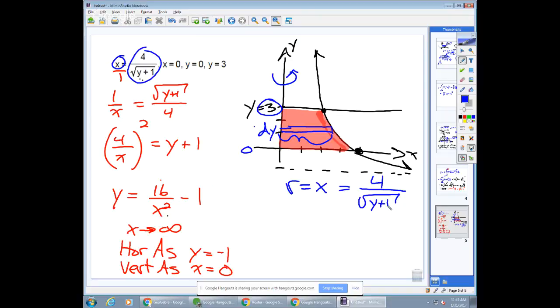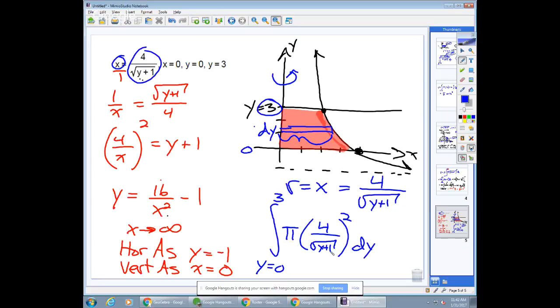Putting that all together, I want to integrate as y goes from 0 to 3, pi times the radius squared times the height of my rectangle, which in this case is a dy. And my radius is 4 over the square root of y plus 1. So now we need to clean that up.